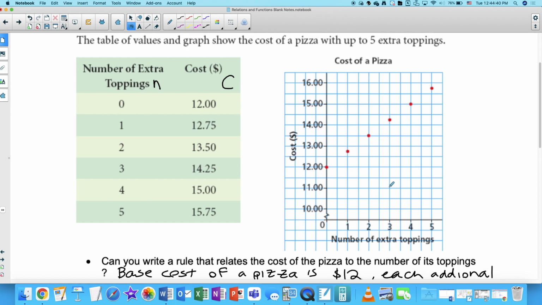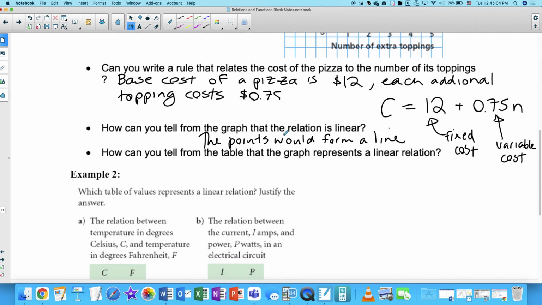So how can you tell? Every time the number of toppings increases by 1, and that was my question, actually. When you're writing these on a test, would that be a substantial answer? Yes. Every time the number of toppings increases by 1, the cost increases by 75 cents. So I'm not going to write that all down, but that's exactly how you would justify that.